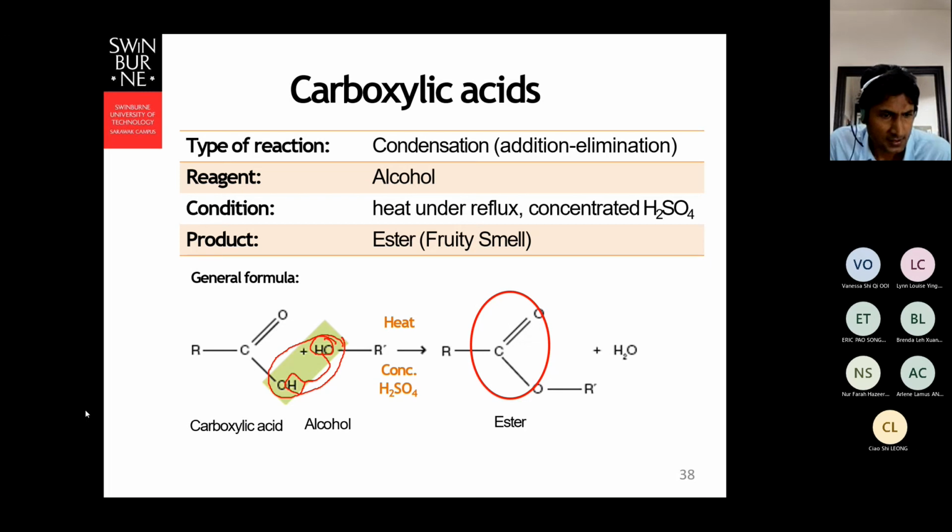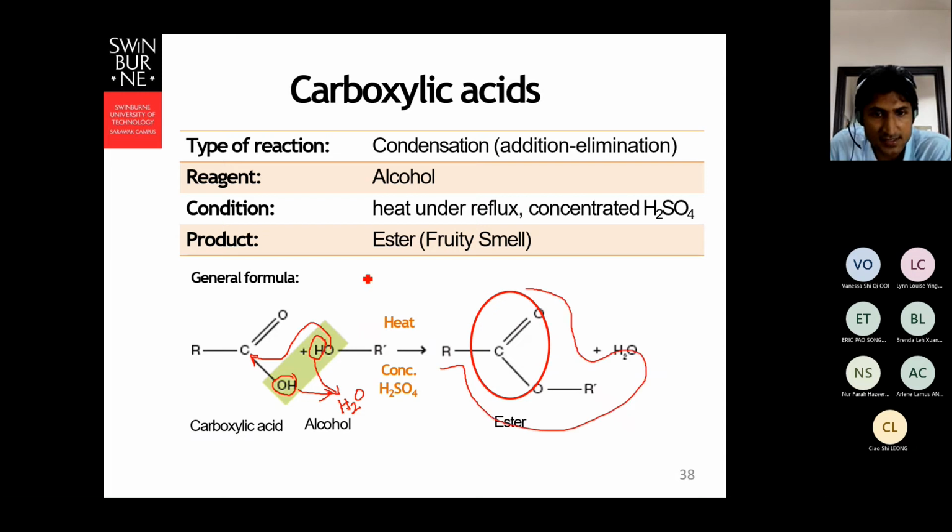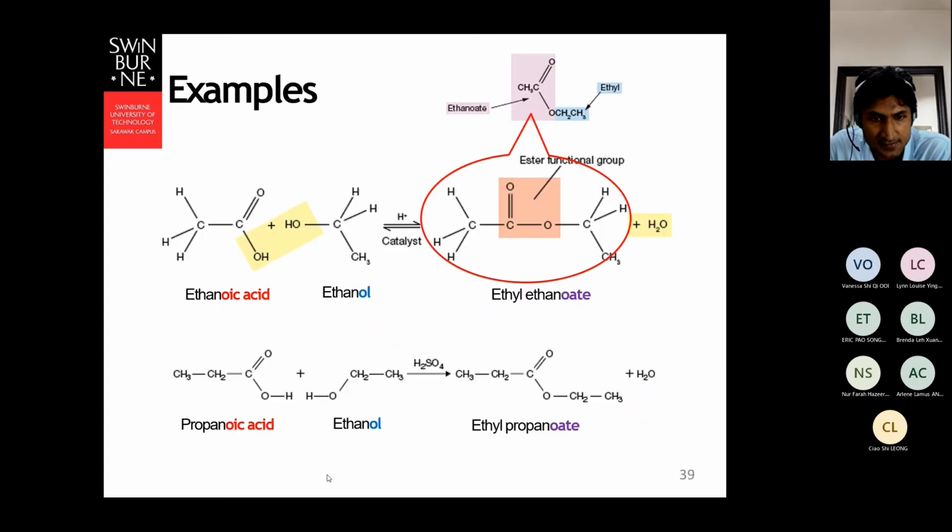No, sorry. This hydroxyl will go out from here, but from here only hydrogen will come. So they are producing water this way. And this oxygen is meeting with this carbon. So the ester bond is being formed this way. Okay, so this is an ester.